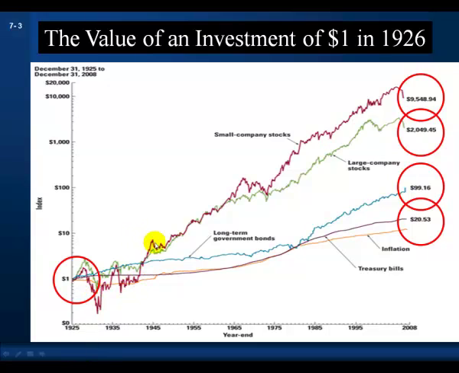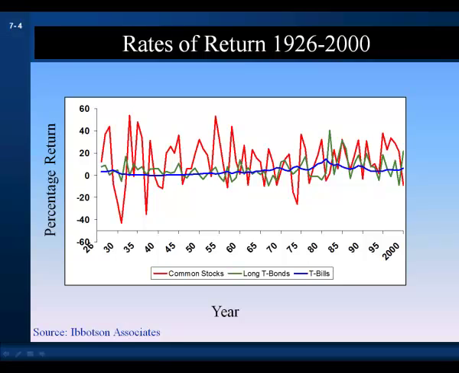Riskier equity securities seem to have more volatility in their return series. This graphic demonstrates that. The returns of common stock are in red, and they have much more volatility than the returns of long-term bonds and Treasury bills. So risk must be related to the volatility of returns.